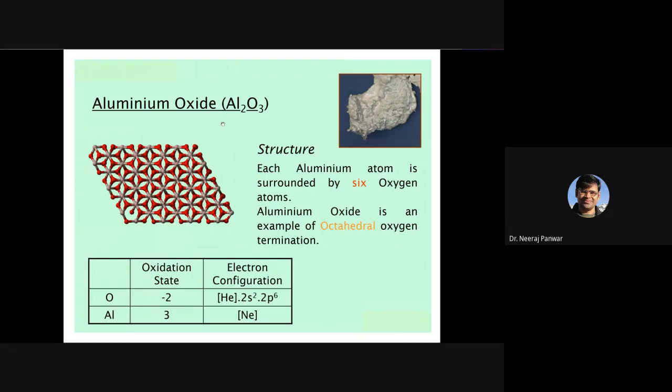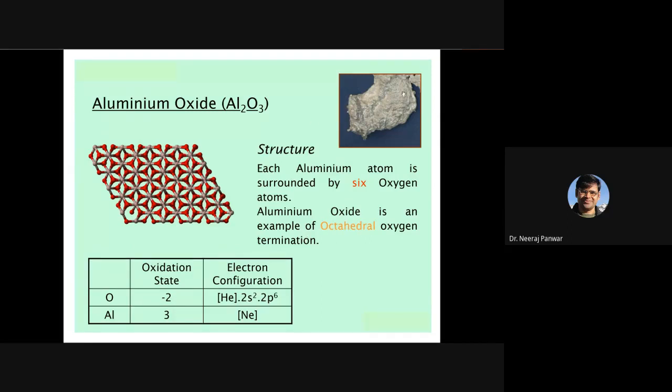This is another type of example of single crystal of aluminum oxide, in which each aluminum atom is surrounded by 6 oxygen atoms. Because each aluminum atom is surrounded by 6 oxygen atoms, it is again an example of octahedral oxygen termination.